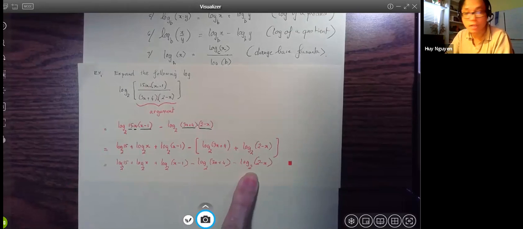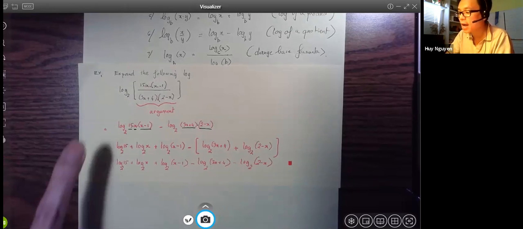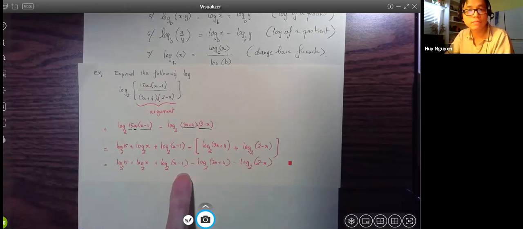I successfully expanded one log into 5 logs, and I can't expand anymore because I look at the properties, I don't see anything else that I can expand. All right, everybody clear on this?